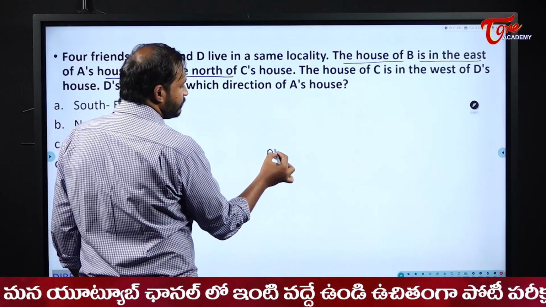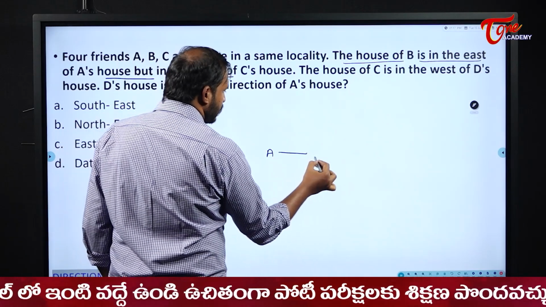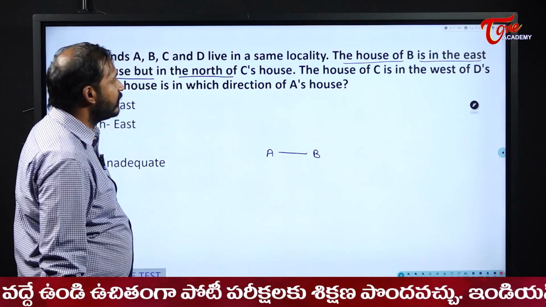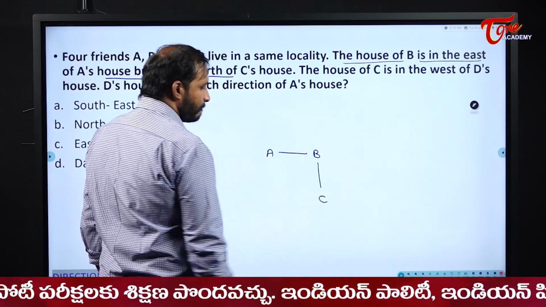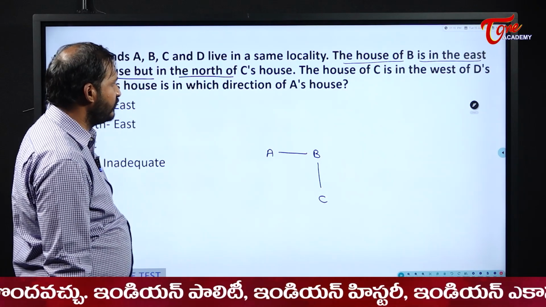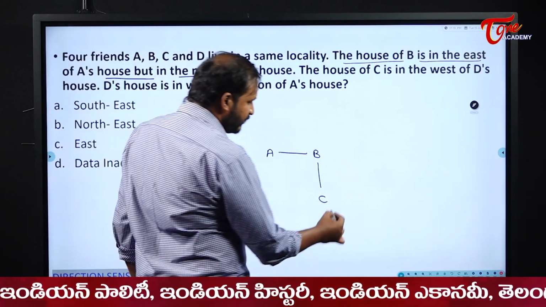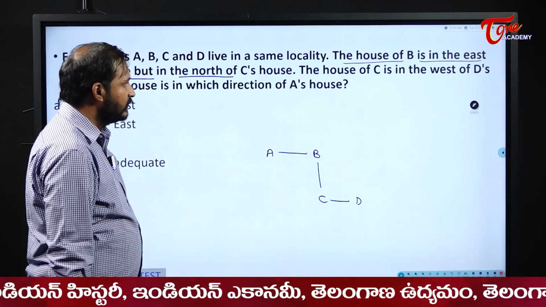So, A's east, house of B is east of A. Okay. But in the north of C. The same B is north of C. Next. The house of C is in the west of D. Now, west of D means obviously D will be here. Then towards west of D.